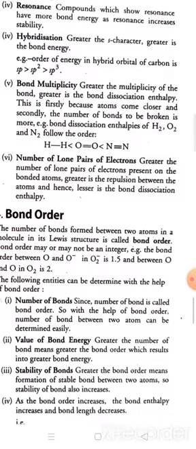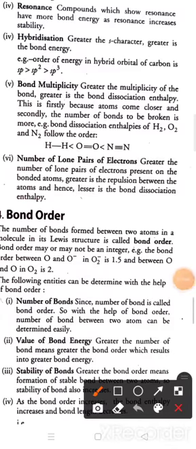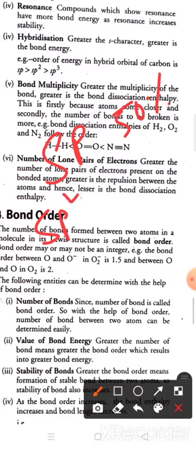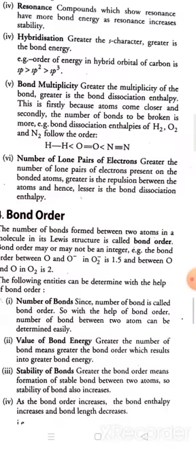Now hybridization. The greater the s character, the greater the bond energy. So sp has 50% s character, sp2 has 33.33% s character, and sp3 has 25% s character.